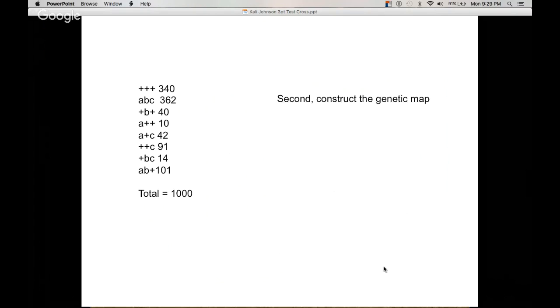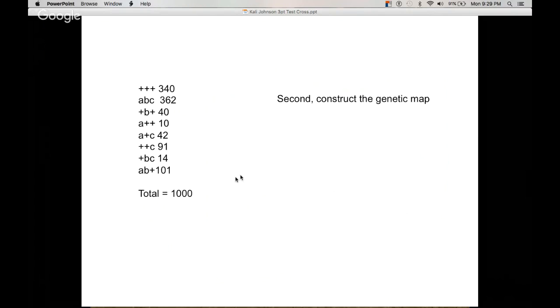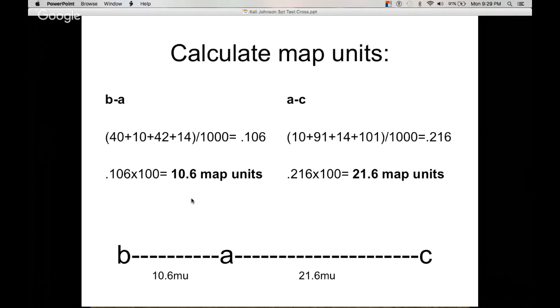So next, to construct the genetic map, the parents again were in cis. So for B and A, you have to find all the ones that are in trans. So these are in trans, these, and this one. So you add those together and divide them by 1,000.